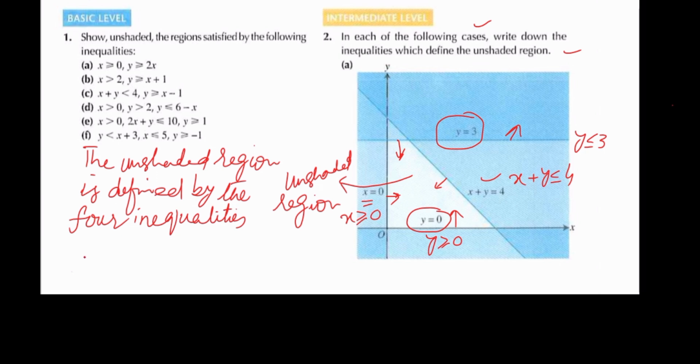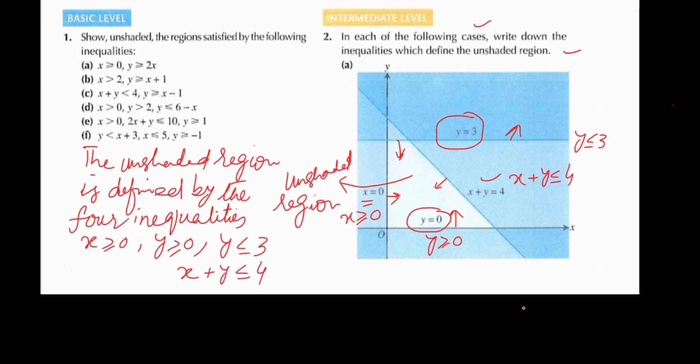First is x greater than or equal to 0. The second one, y greater than or equal to 0. The third one, y less than or equal to 3. And the last one is x plus y less than or equal to 4.